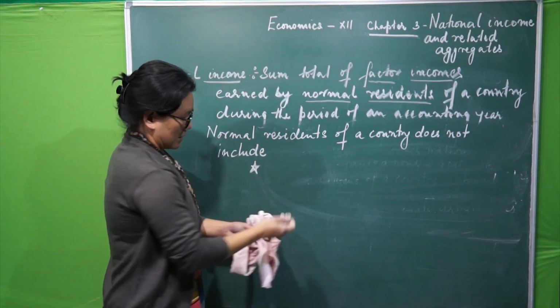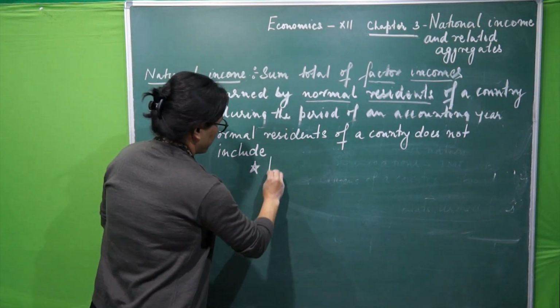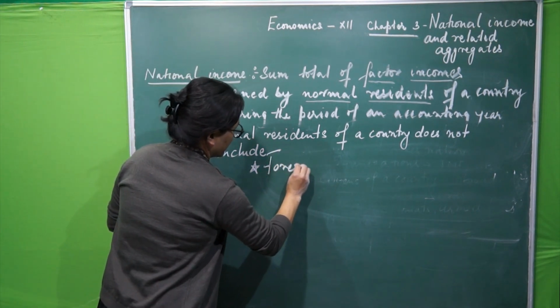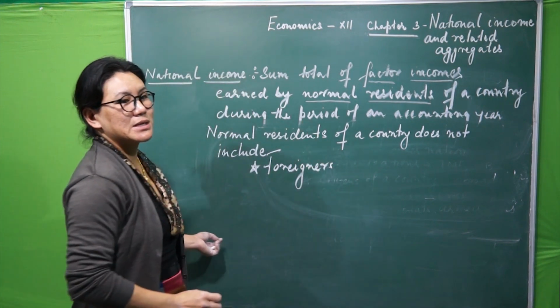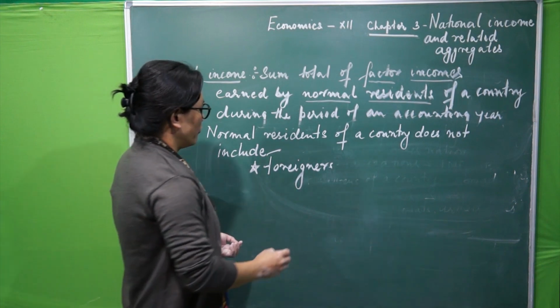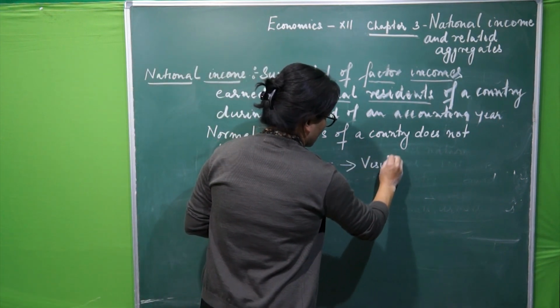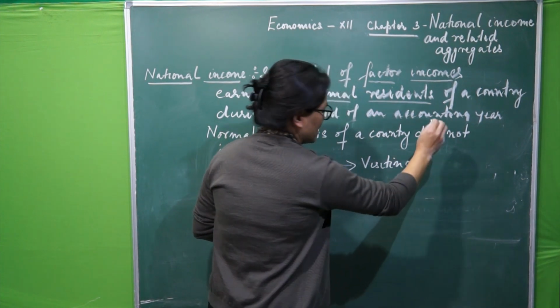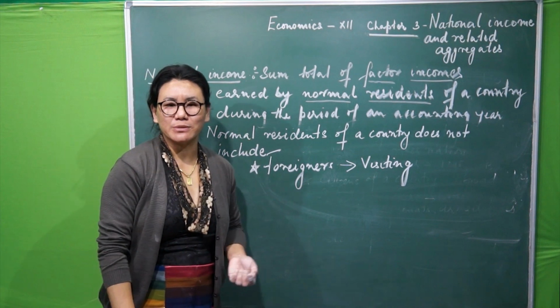Okay, the first one will be foreigners. We will take an example of India. Foreigners visiting any other places apart from India for different purposes.